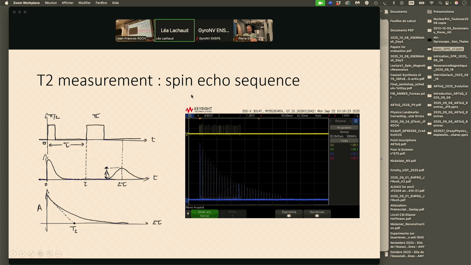The amplitude of this echo, of this second bump, can be measured as a function of the duration between the pulses, and we expect some decreasing curve like this of characteristic time T2 this time. So T2 with no effect of the inhomogeneity of B0, right? So this is something that I can do experimentally as well.